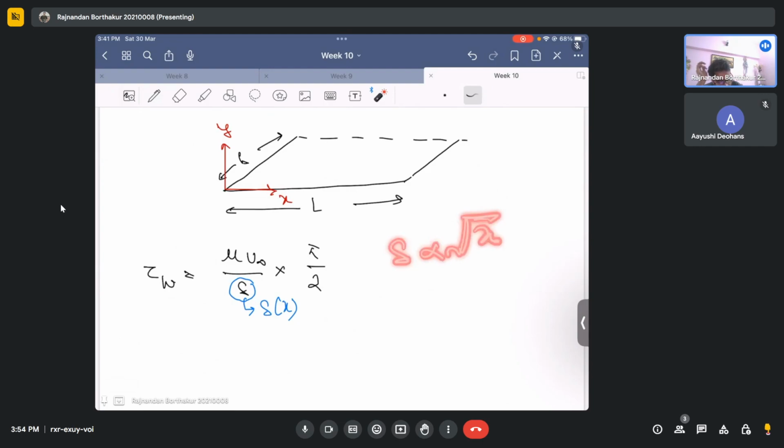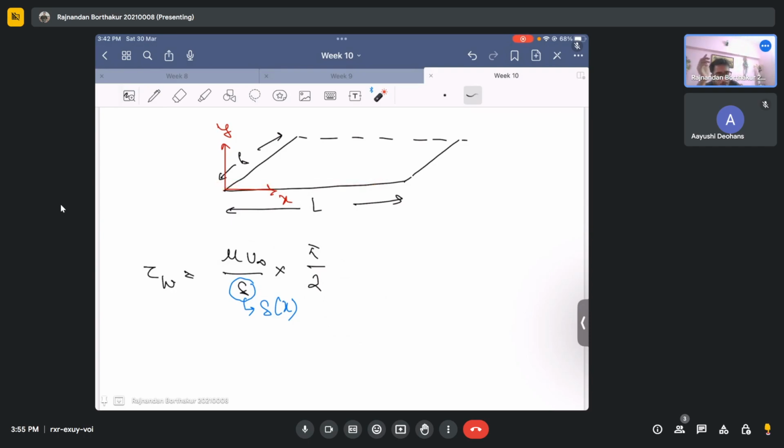So from here you can tell that tau w varies as 1 upon root over x, because you know that your delta varies as square root of x and all these things are just constants. So this means for a flat plate analysis, if your u infinity is not a function of x, which is the case in a flat plate analysis, since the boundary layer thickness varies as root over x, your wall shear stress essentially varies as inverse of root over x, which means you can also show how the wall shear stress profile looks like in this plate.